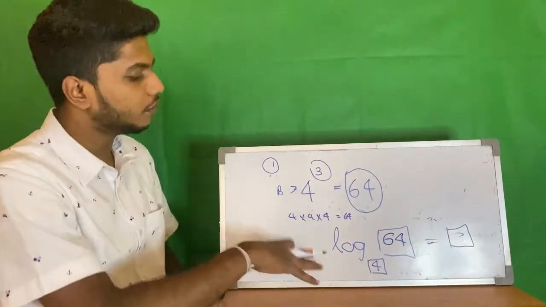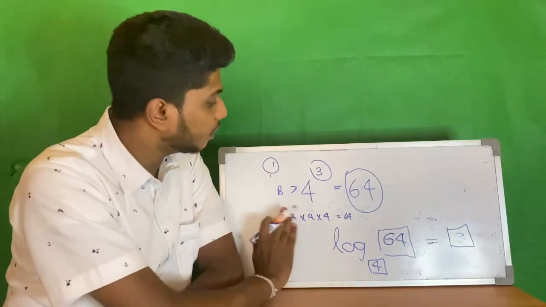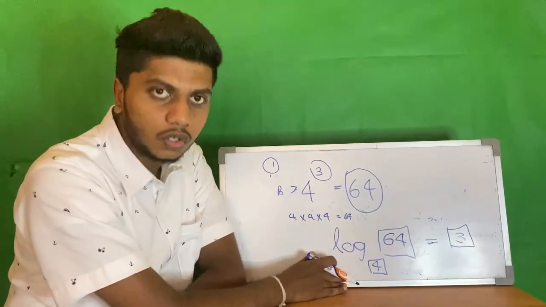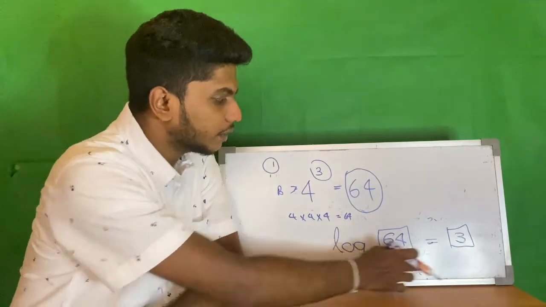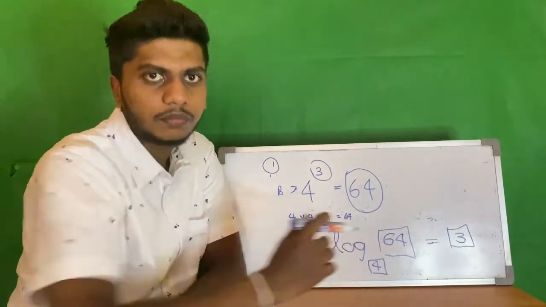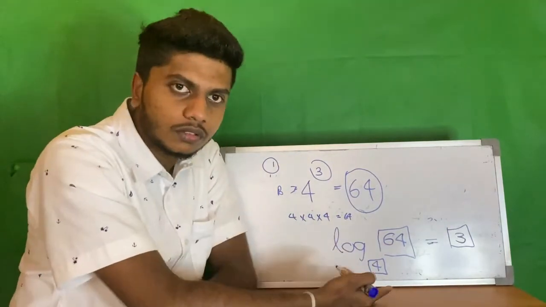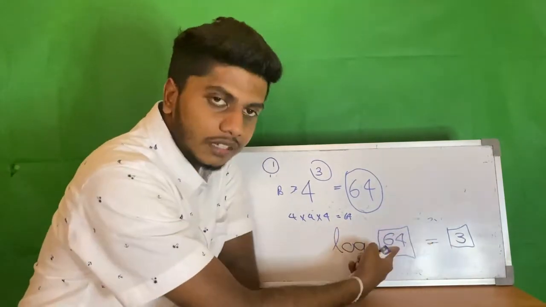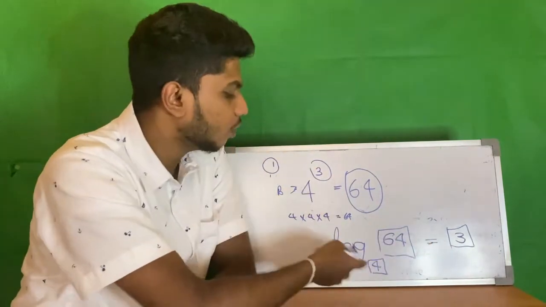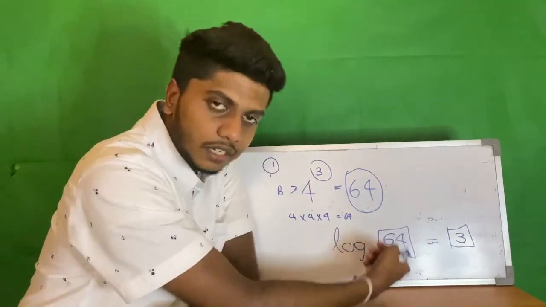This is how you write a power in terms of log. Log base 4 of 64 is 3. Log base 4 to the power 3 is 64, or else log base 4 of 64 is 3.